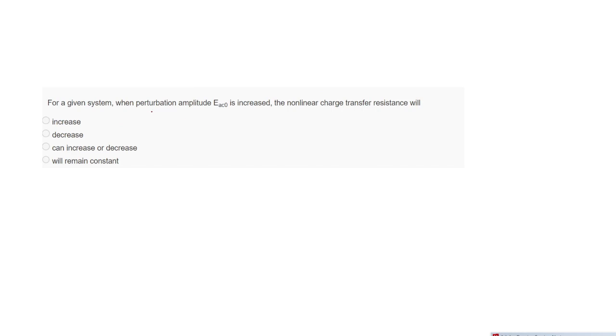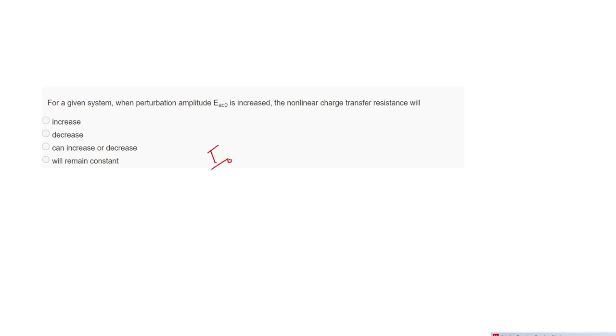For a given system, when perturbation amplitude EAC naught is increased, the nonlinear charge transfer will increase, decrease, can increase or decrease, will remain constant. Please explain this question. See, there are two terms.